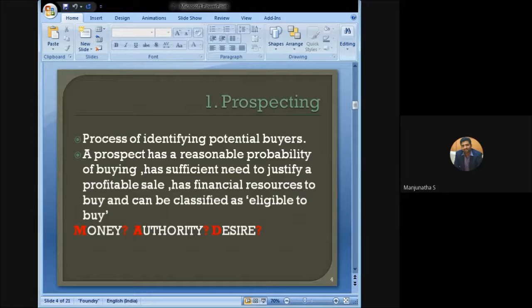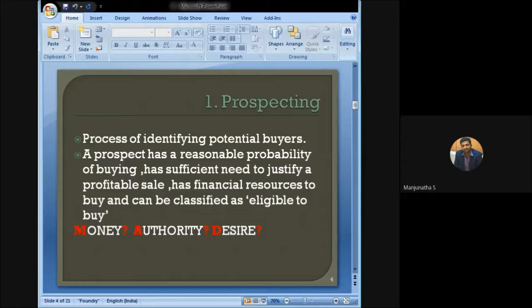The financial condition is supposed to be there with the prospective buyer. Even though he has the ability to purchase, the seller needs to get a profit. That is also one intention. He is supposed to have financial resources to purchase a product.